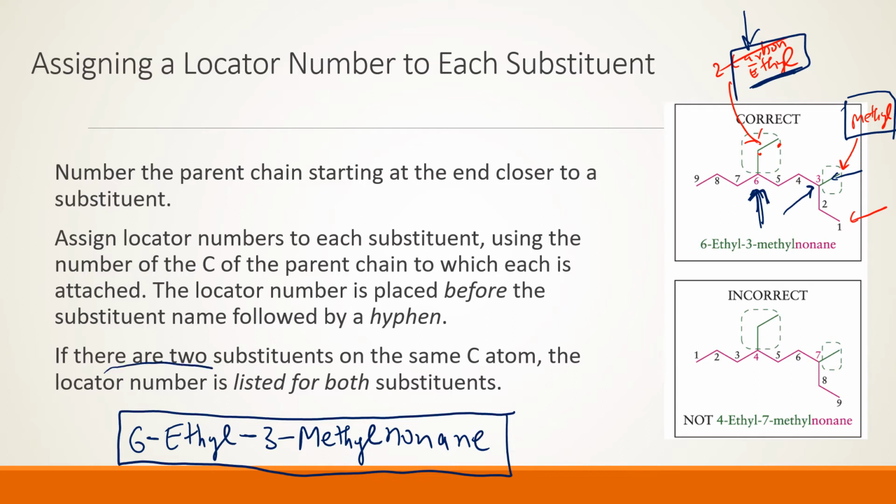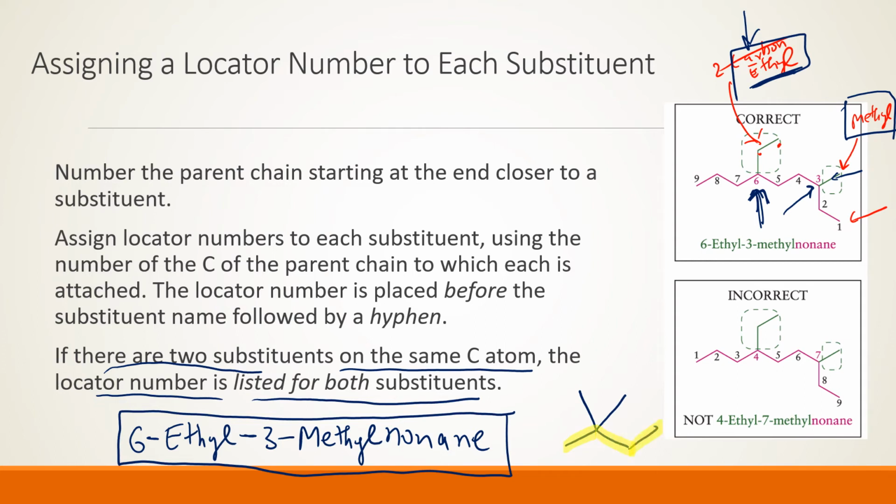If there are two substituents on the same carbon atom, the locator number is listed for both substituents. Let's say this is our hydrocarbon. In this case, our parent chain is this one.